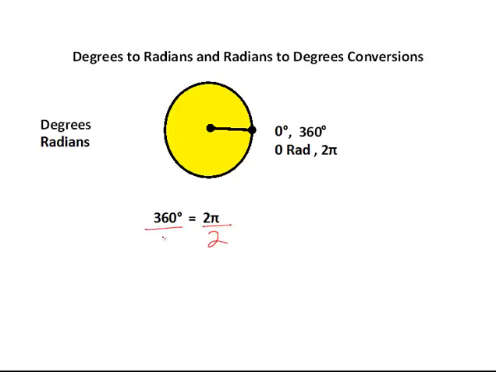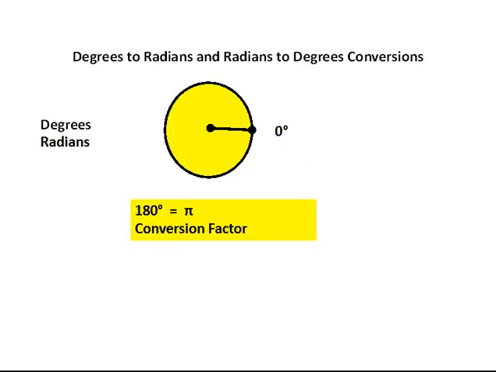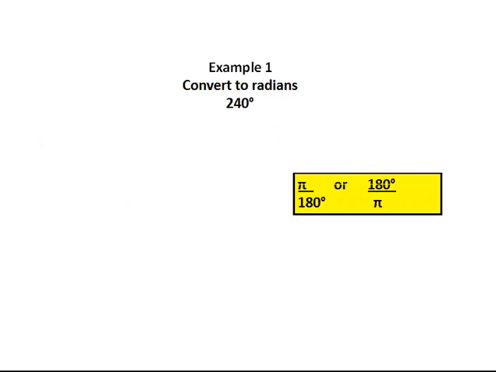So I'm going to divide both sides by 2, and what I get is my conversion factor. 180 degrees equals pi. This is all you have to remember. You don't have to make a big deal about which fraction you need for radians and which for degrees. All you're going to do is go with this. So now, let's try a few, and you'll see exactly what I'm talking about.